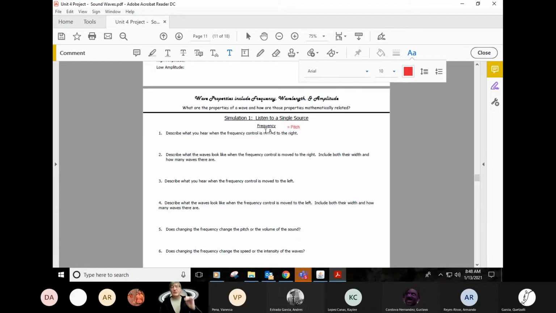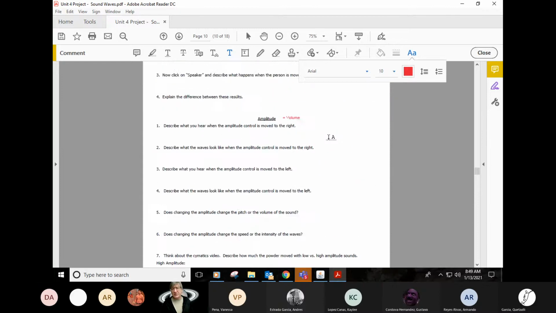When you pitch your voice low, they vibrate more slowly. That is the same for any sound that you hear, whether it's from a drum, a guitar, a flute, an engine, the wind, a bird. If it's high pitched, it's vibrating faster than if it's low pitched.